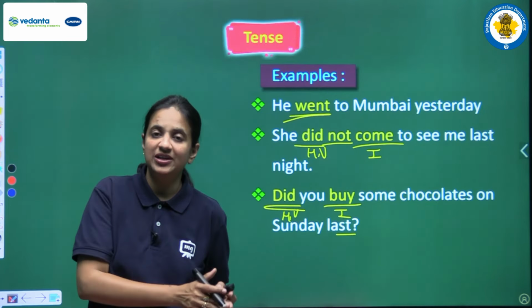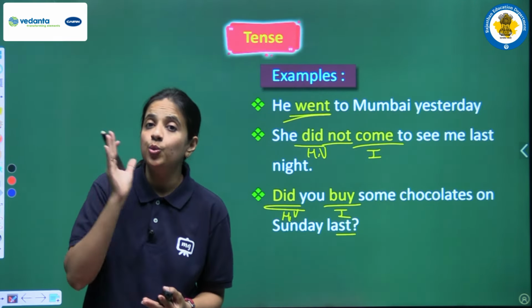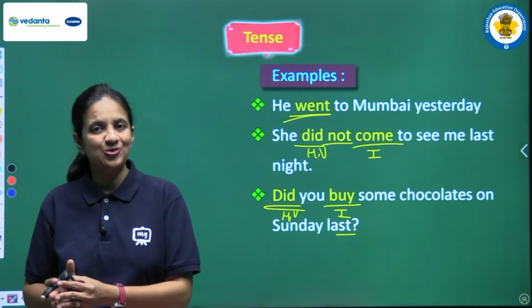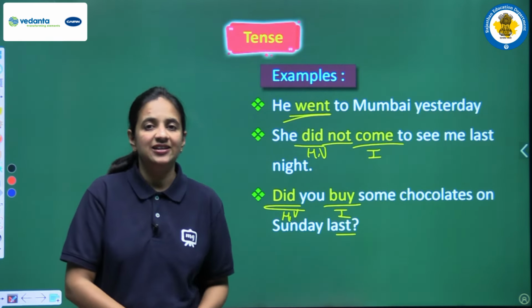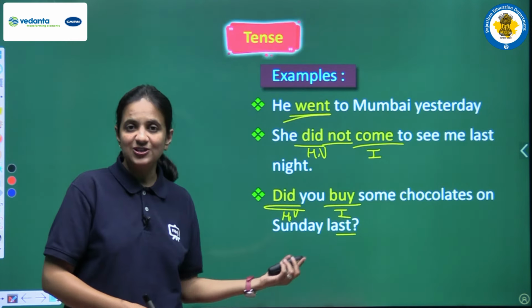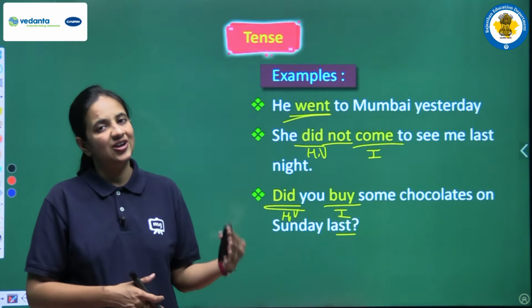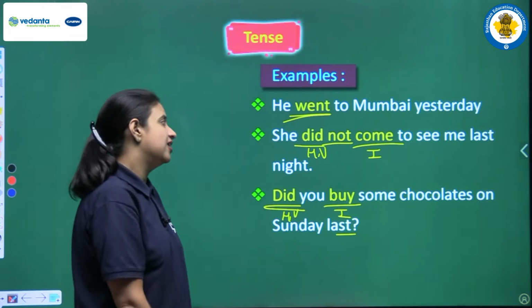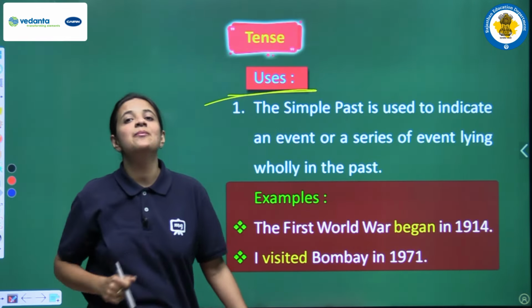But in a negative sentence and in an interrogative sentence, when did will be there, with did you have to write the first form of the verb. Okay, and yes, we will solve some questions also to clear all the things. But right now, moving on, let's discuss the uses of past simple tense.